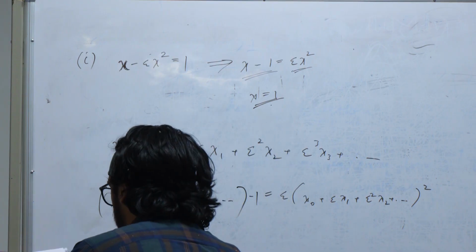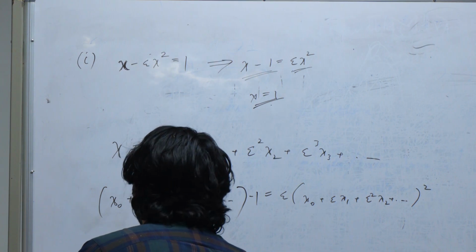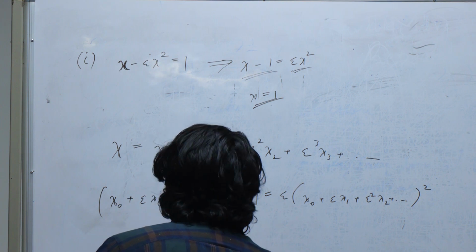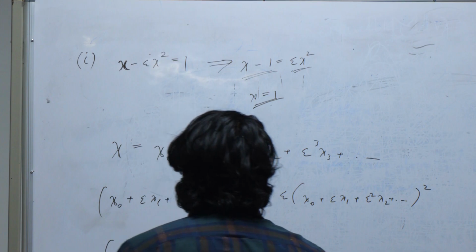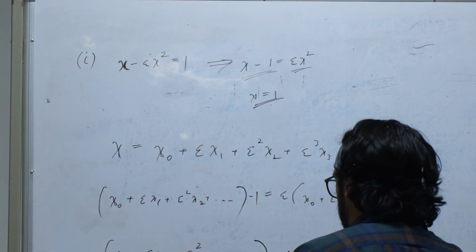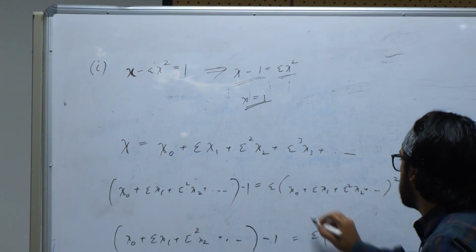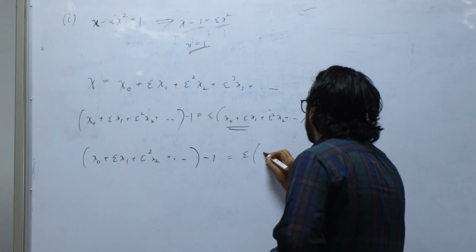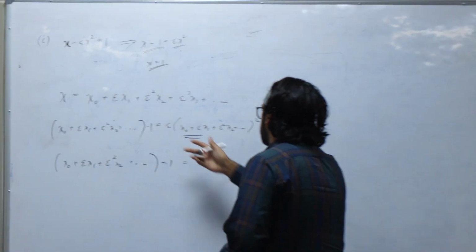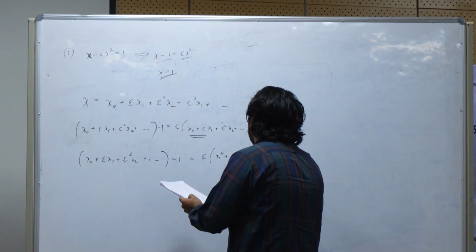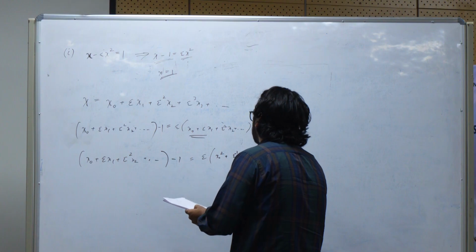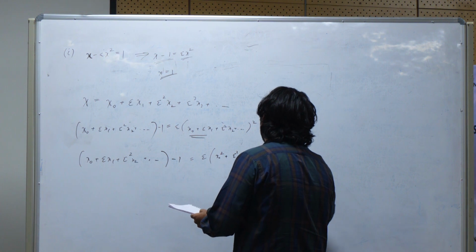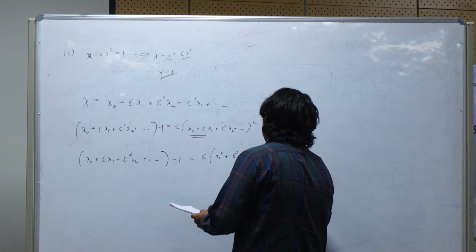Just comparing, we have x naught plus epsilon x1 plus epsilon square x2, and so on, minus 1 equals epsilon times the square. Let me just consider the first two terms and neglect the others. So we have x naught square, since a plus b the whole square, plus epsilon square x1 square. Then we have plus 2 epsilon x naught x1, and this goes on.